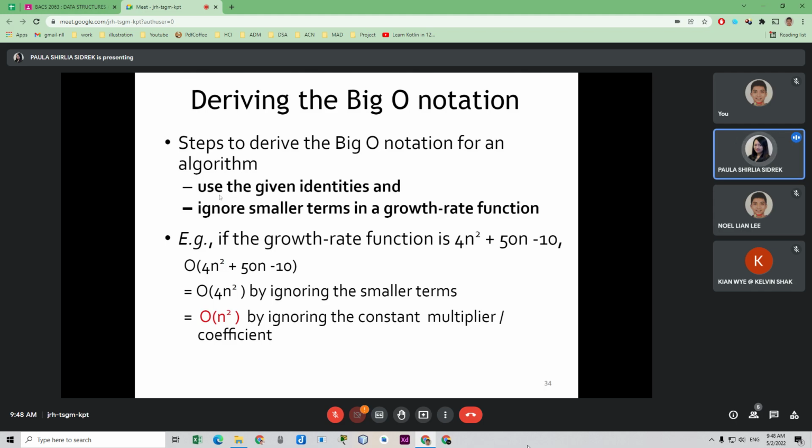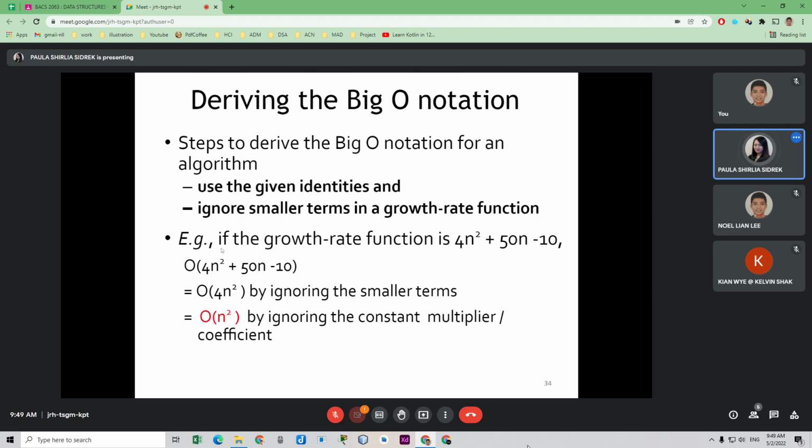So first thing, you have to use the given identities and ignore smaller terms in the growth rate function. I mentioned all these details are important because that's how you derive this particular notation.